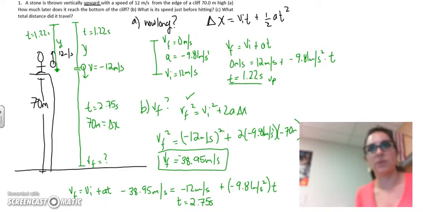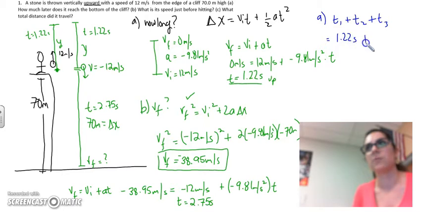Alright, so answering part A, which says what's the total time, I will do that. So basically I'm doing the first part plus the second plus the third times that I got. So that's going to be 1.22 seconds for the up, 1.22 seconds for down, and then 2.75 seconds for the rest of the down.